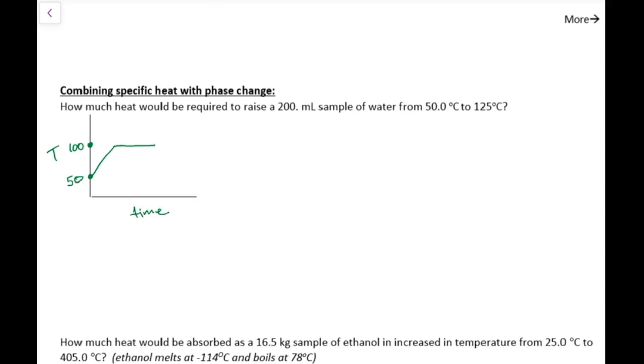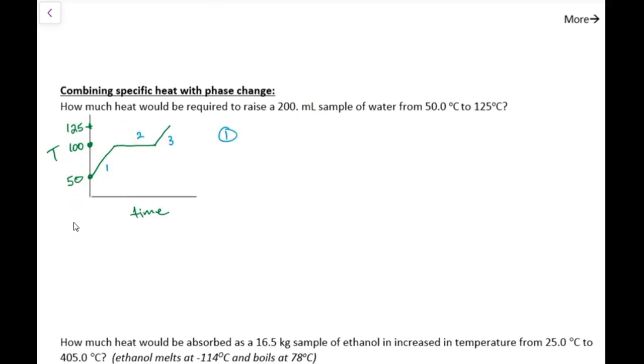But once we've boiled all the water into steam, then we can have another increase in temperature. And so it's going to go up to 125 in this case. Okay? So we have those three parts, those three separate things happening. I'm going to label these 1, 2, and 3, and we're going to talk about how we would separately calculate each one of them. All right, so step 1 would be taking the liquid water from 50 up to 100.